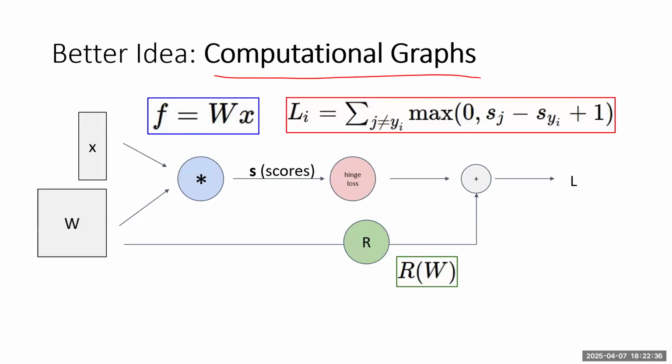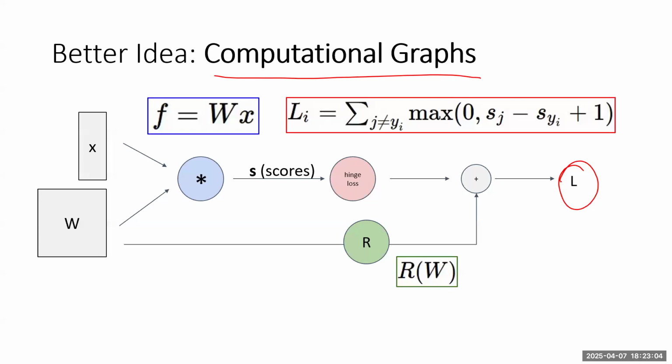It's simple nodes that work together to produce the next step. Here, as an example, I have X and W, a simple linear node multiplied together to produce the score. This score will be applied to the hinge loss and compared to the ground truth, along with the regularization term, to produce your final loss value.